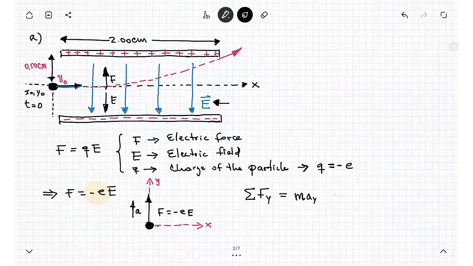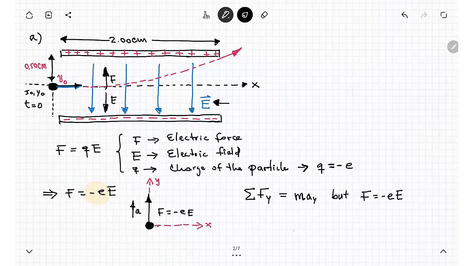We already know that the force that the electron is experiencing is equal to minus e multiplying the electric field.